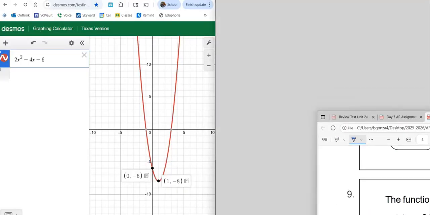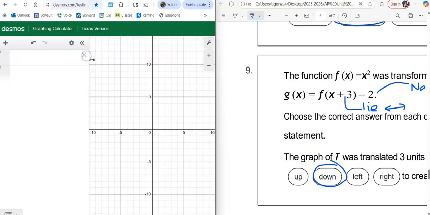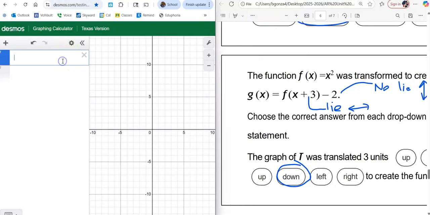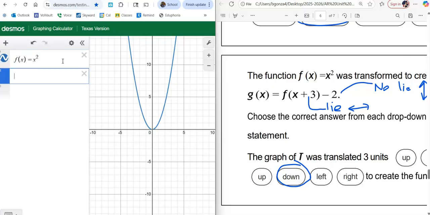Okay. Now I'm going to show you. You can actually type these into Desmos. Watch this. So you type the original f(x) equals x squared, and then go here and put g(x) equals f(x+3) minus 2.